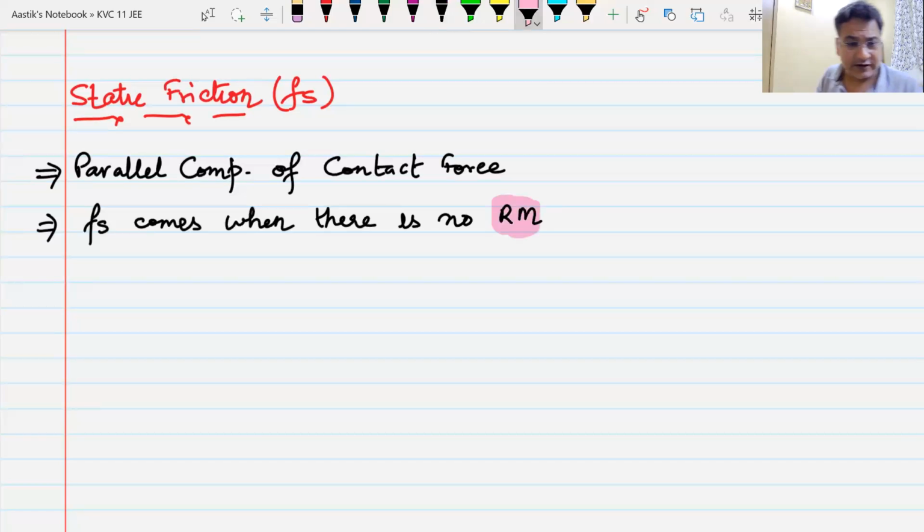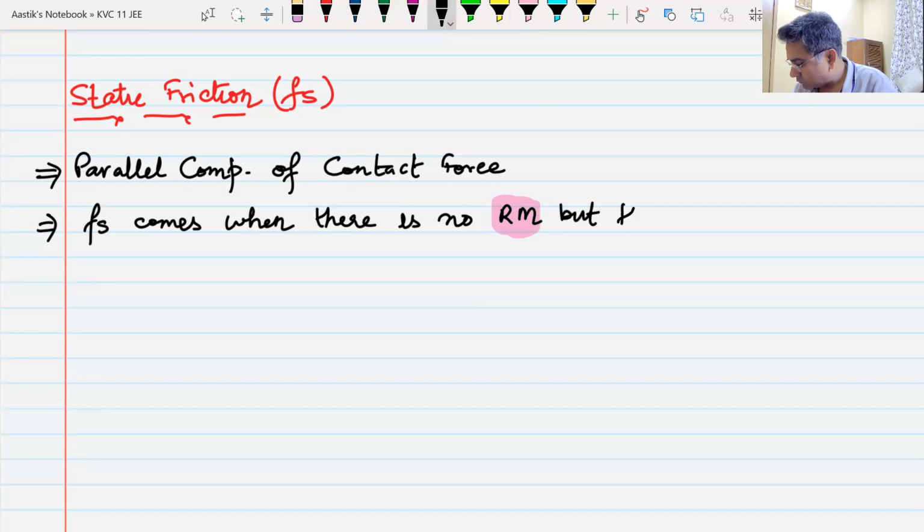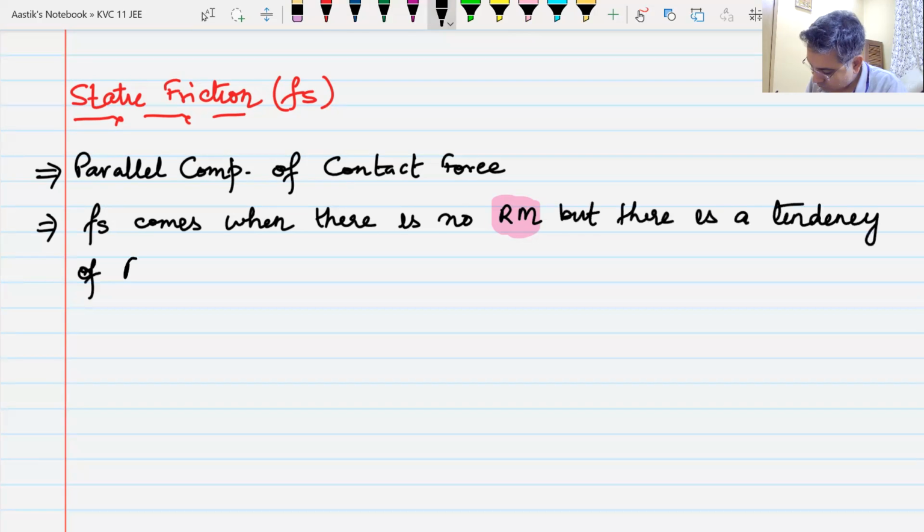So we don't have a relative motion, but there is a tendency of relative motion. There is a possibility of a relative motion. Even though it is not there, there is a possibility of it happening.